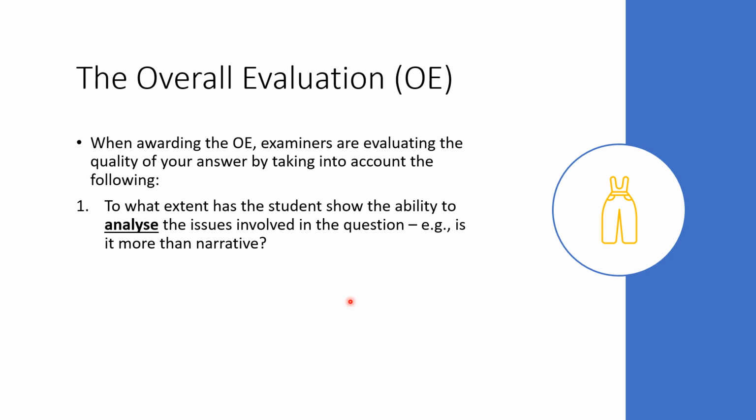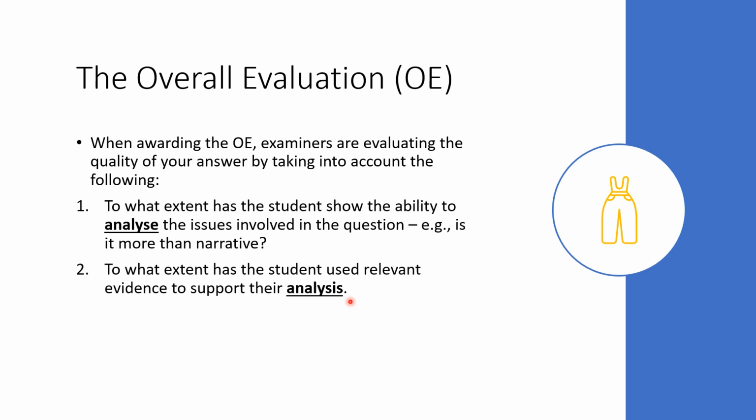Second thing the examiner's looking for when they're giving your overall evaluation is, has the student used relevant evidence to support their analysis? That's a phrase taken directly from the marking scheme. And what you'll start to notice is the marking scheme hasn't said, has the student used relevant evidence to support their answer or to support their explanation or description.